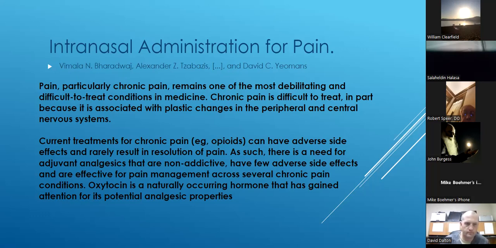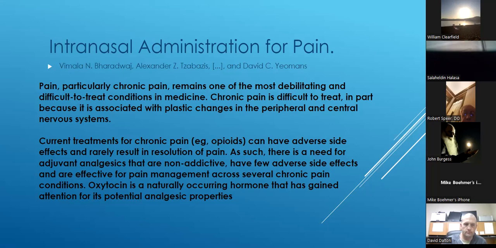So because of that, we can consider safely using alternatives to opioids that may be more effective to manage pain without the side effects that we experience when we use the opioids.